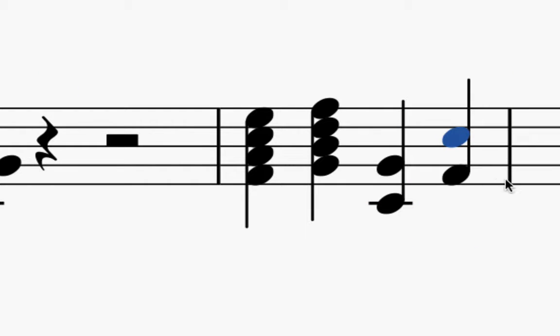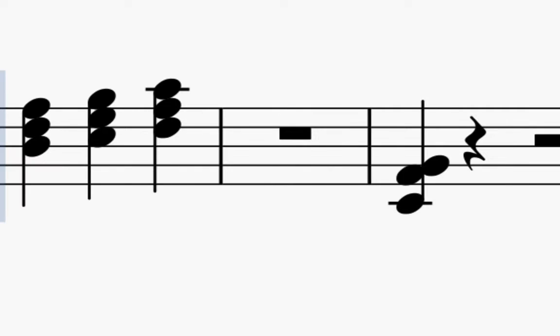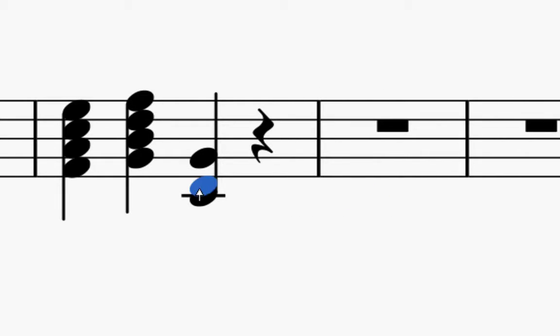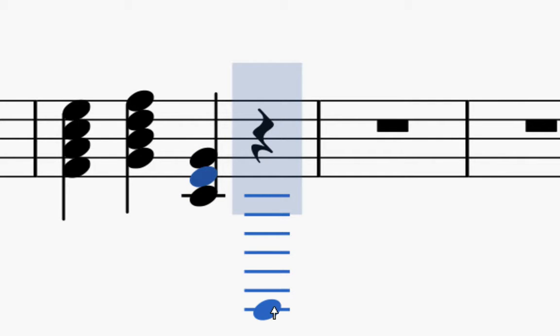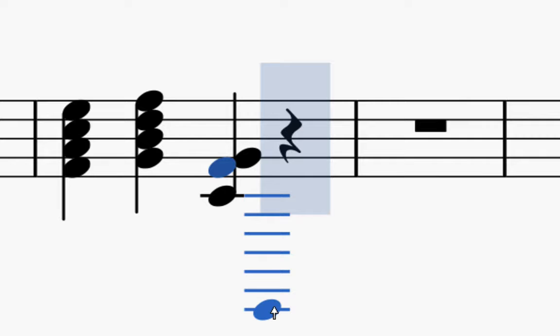So, at this point, we get into something called suspended chords, which is what I think our real answer is here. In my opinion, this is a C chord, but instead of an E that would be predicted to make it a C major chord, we've raised that by a half step up to make an F where we ought to have an E. So we call that a suspended chord.